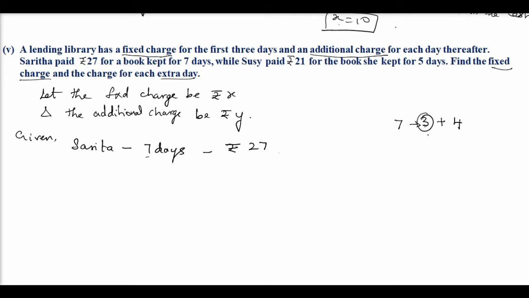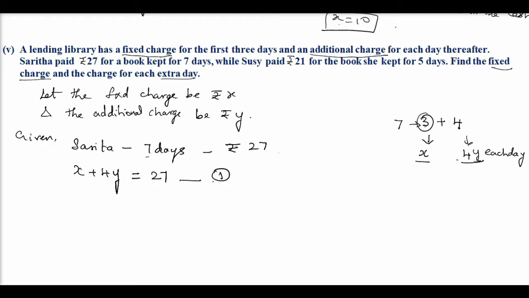So for 3 days she should pay fixed charge X, and for 4 days she should pay Y rupees for each day. So totally she should pay 4Y rupees. So we have X plus 4Y. Sarita paid X plus 4Y rupees, and it's given to be 27. So this is my first equation.